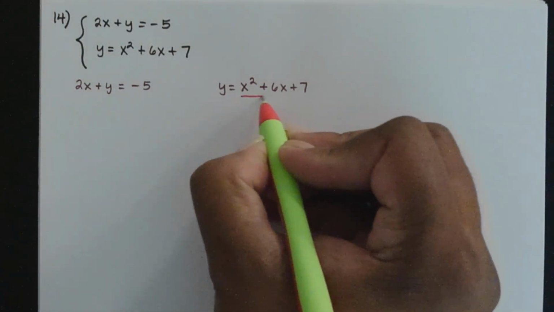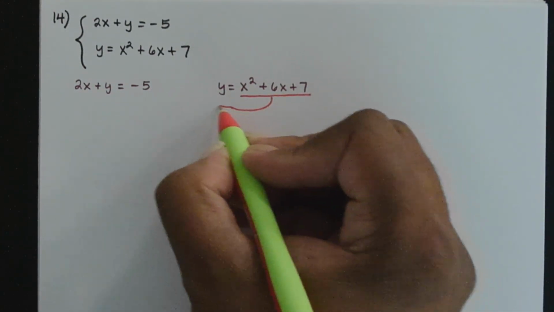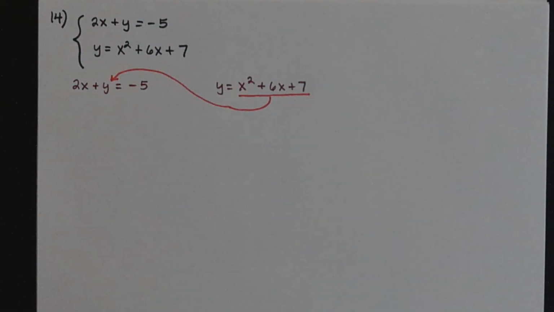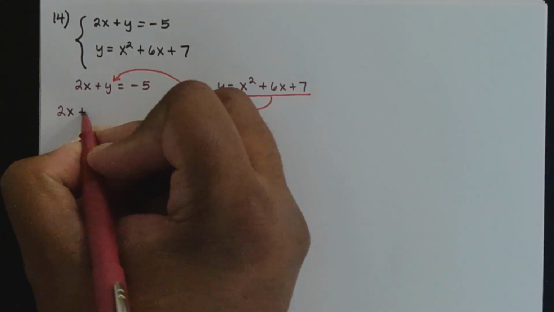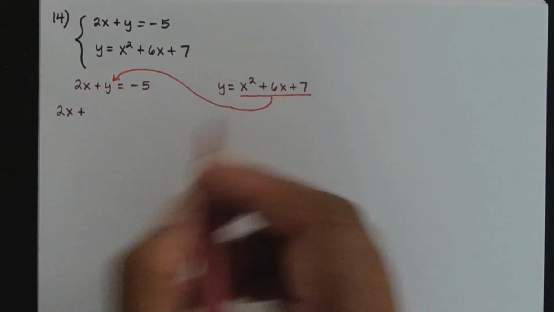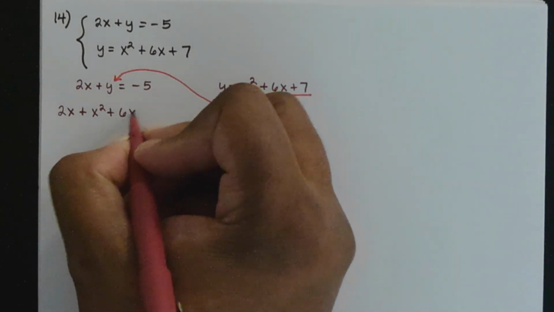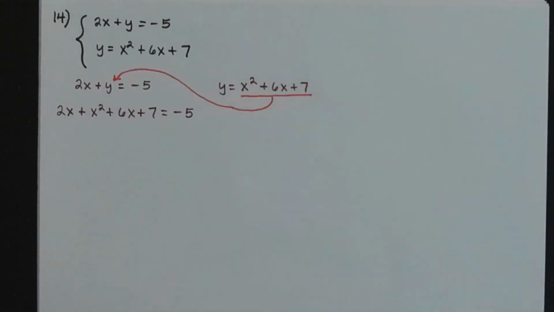So since y is equal to this x squared plus 6x plus 7, I'll take that and substitute it for this y in the first equation. So in this case here, I bring down the 2x plus this y would be replaced with that x squared plus 6x plus 7 equals negative 5.